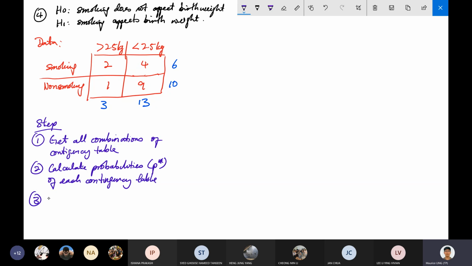Then you have the P observed, which equals the sum of all the P asterisk that are lesser than or equal to the P asterisk of the observed.